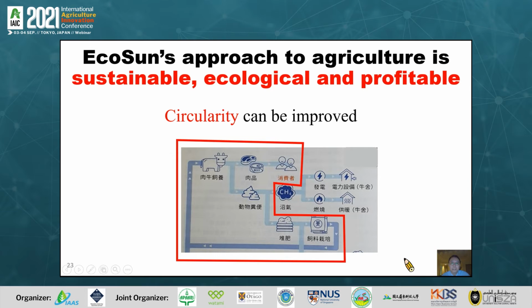However, they can have some more improvement. For example, right now the animal feces can become compost and then be the fertilizer for the grass, and the cow eats those grass. However, they can have more circularity.